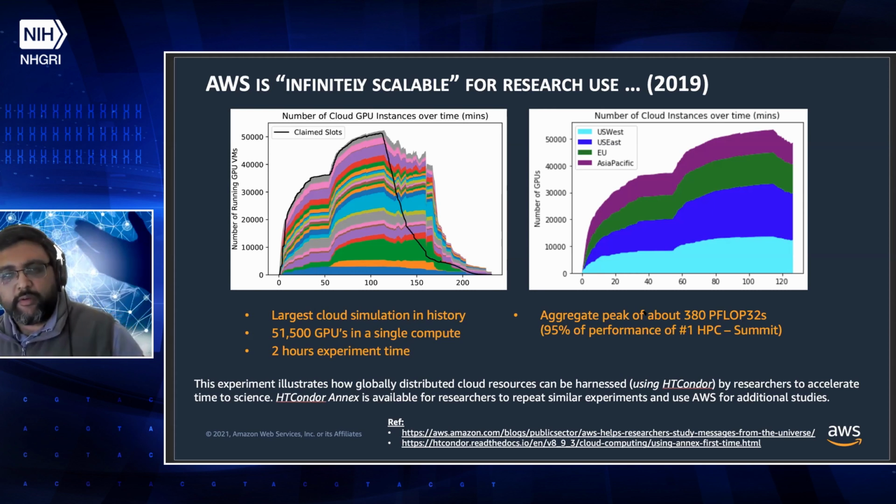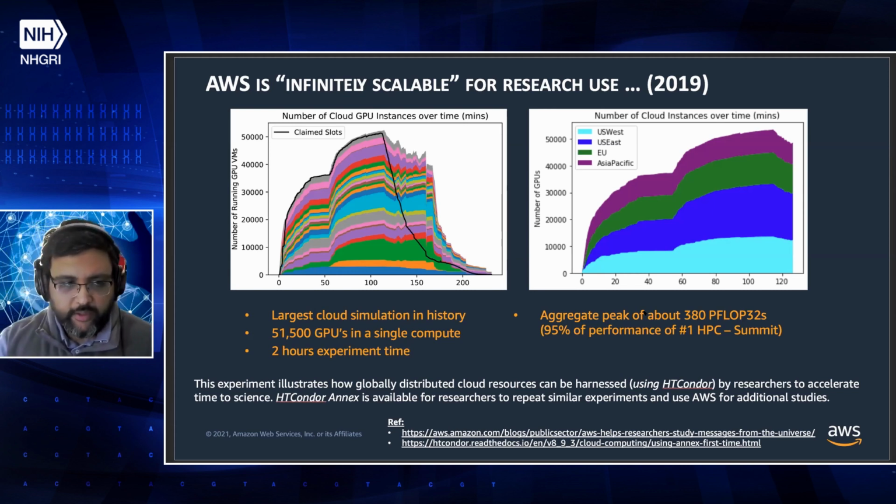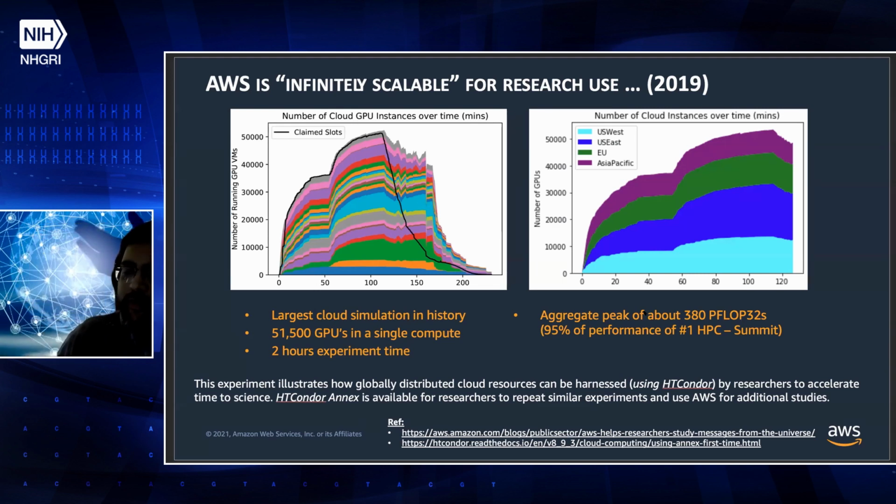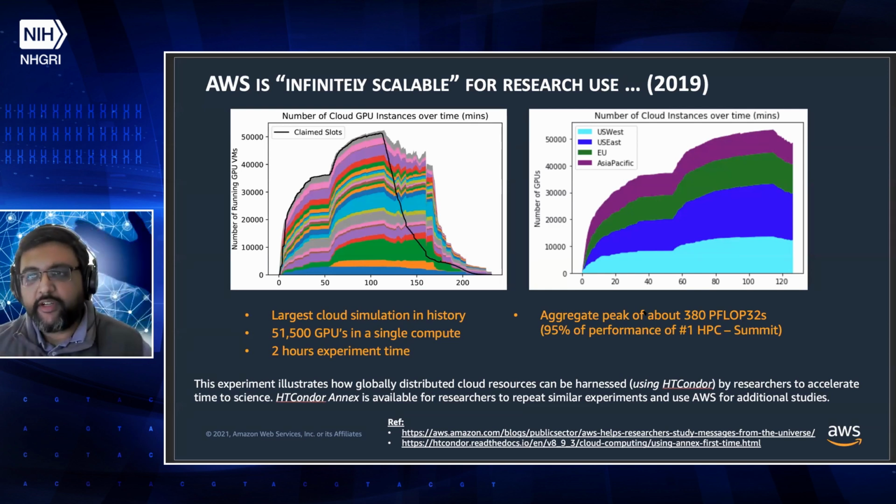In this particular example from 2019, the researchers were able to spin up 51,500 GPUs for a single compute. And across the 2 hours of the experiment, they were able to achieve performance that was almost close to the number 1 HPC in the world, right? So that talks about how the cloud could be thought of as infinitely scalable, where the infrastructure will support you when you need to go fast, when you need to go wide.